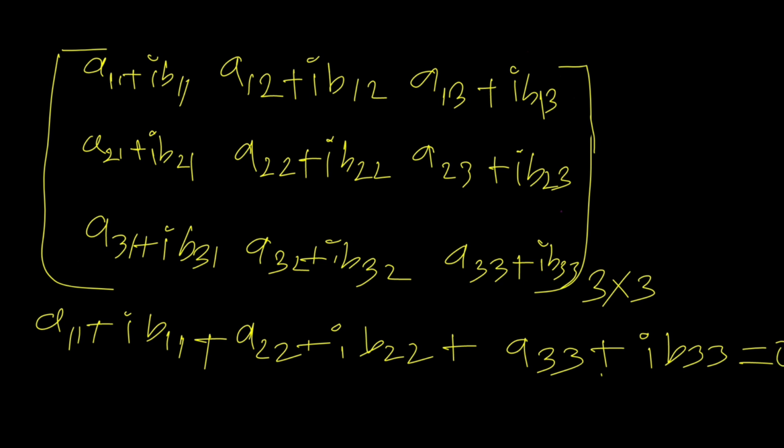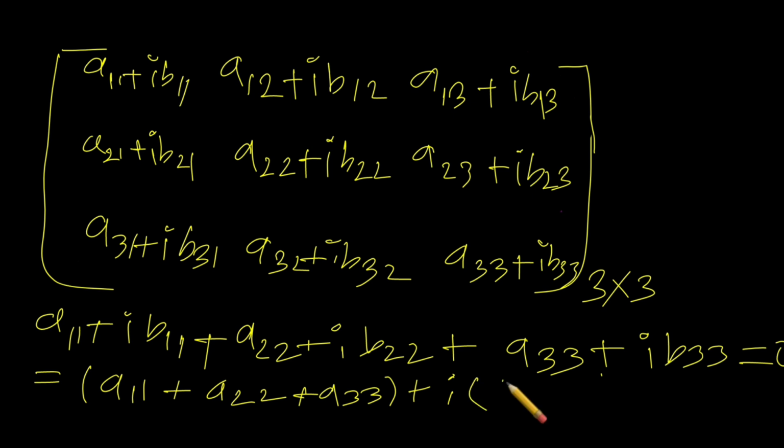Firstly, we collect all real and all imaginary parts. Then A11 plus A22 plus A33 plus i times B11 plus B22 plus B33 equal to 0.